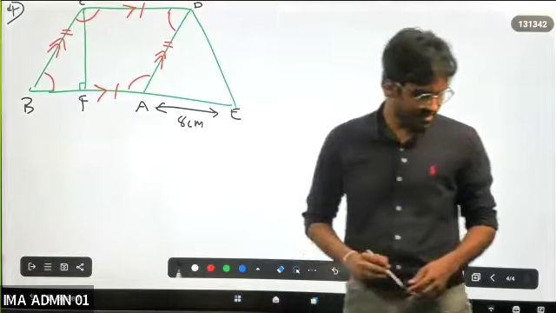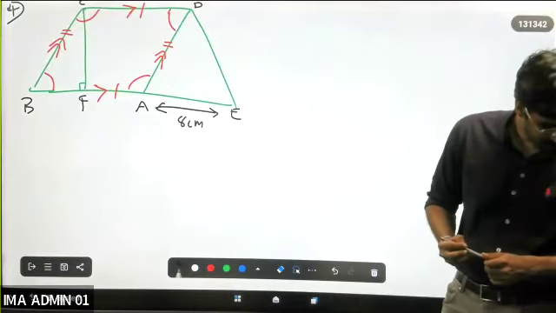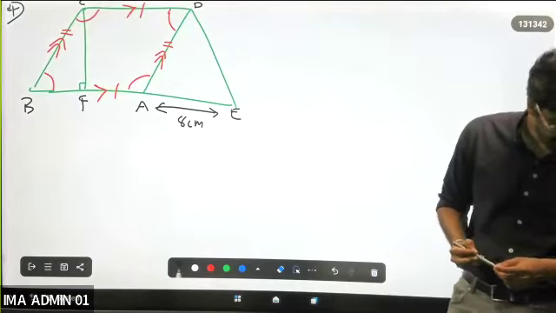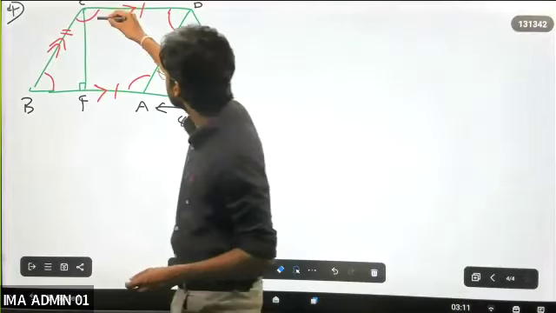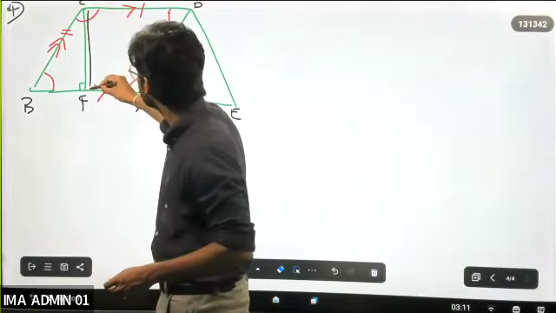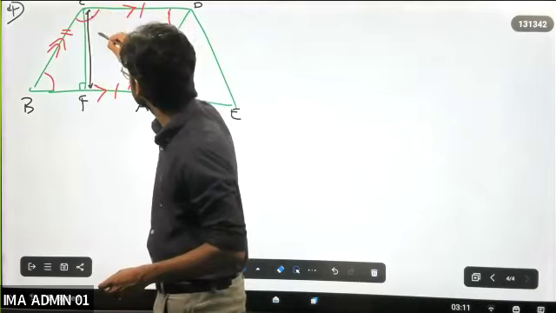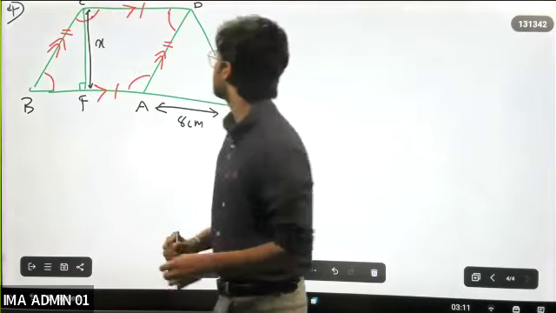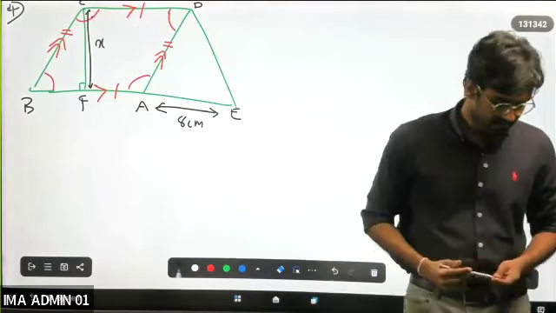And I think CF they have given as x centimeters.